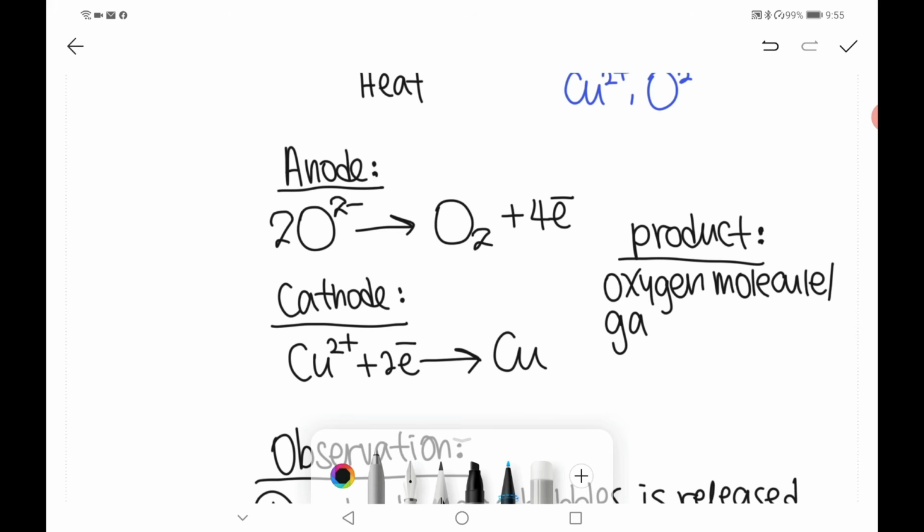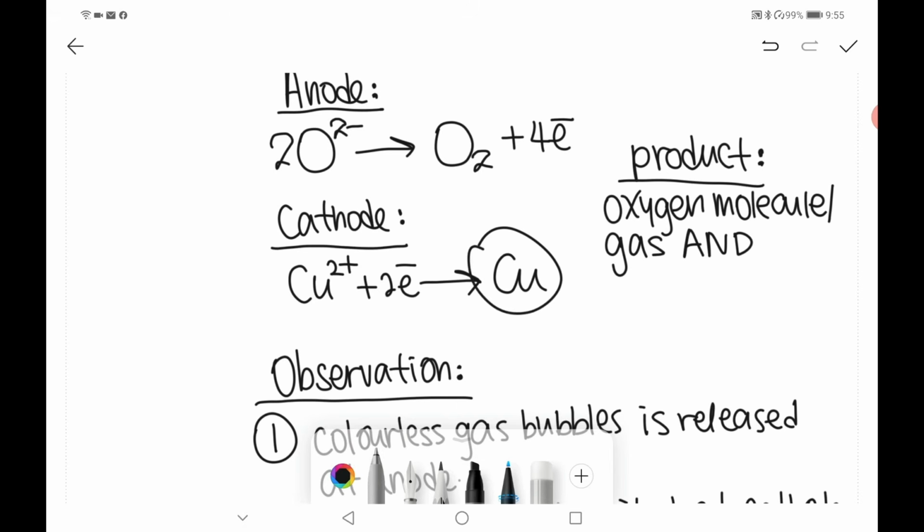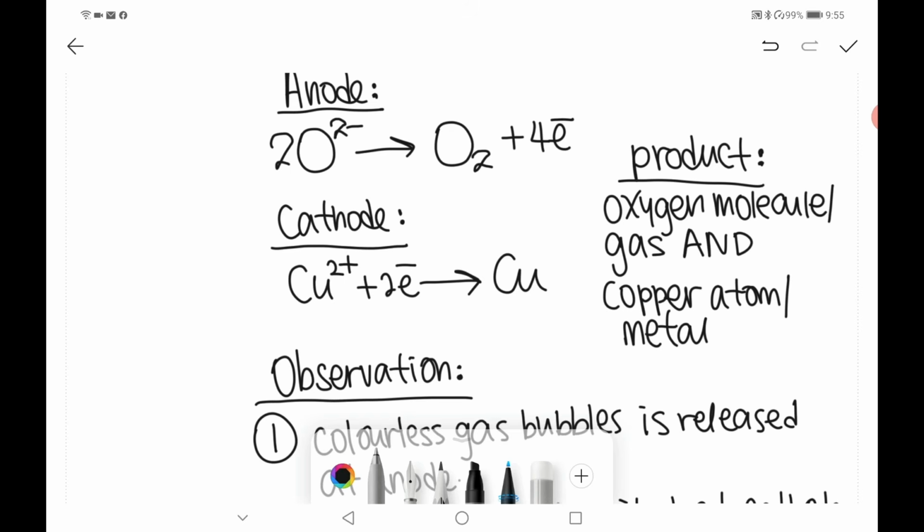Another product is Cu, called copper. You can use the word atom, or else we know copper is a metal, so you can write copper atom or copper metal. So that is the product.